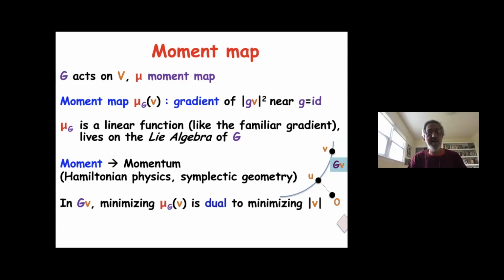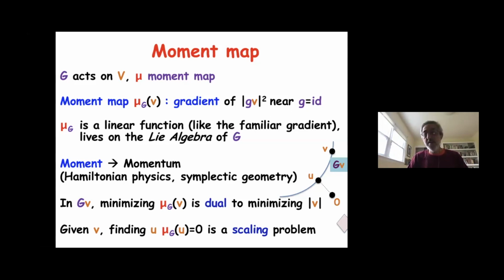An algorithm approximating the minimum of one doesn't necessarily give you an algorithm approximating the minimum of the other, and we'll develop algorithms for both. And lastly, I promised you, I'll show you in the next slide examples that finding a vector with a zero gradient on the orbit is a scaling problem. Scaling is a name, but in the examples we've seen, you'll see that it is a scaling problem.